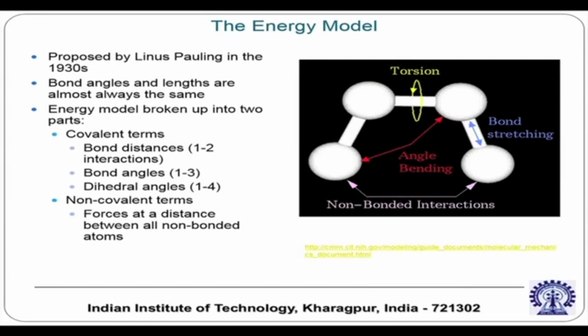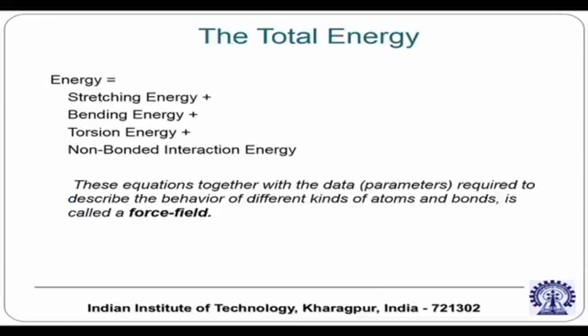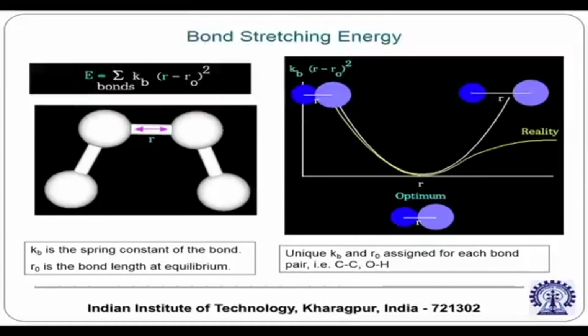Torsion of the bond means twisting with respect to its axis, and bending of the bonds means it is bending in the plane in which the bonds are present. So you can have the total energy as stretching energy, bending energy, torsion energy, and non-bonded forms of energy.